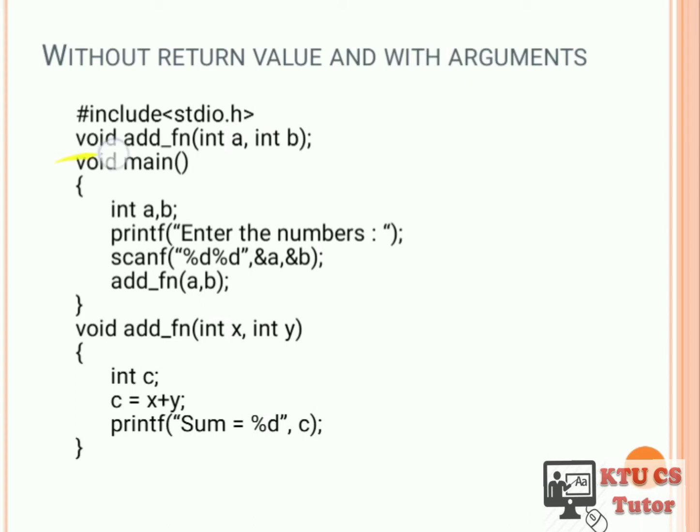So we don't have any return value, so the return type will be void, and then the function name is the same, add function, and inside the brackets we are specifying that we are passing two integer variables or two integer values into the function. Okay, so int a, int b. Here the variable name is not significant actually. It just says that we are passing two integer values.